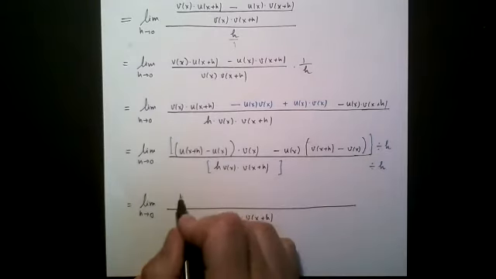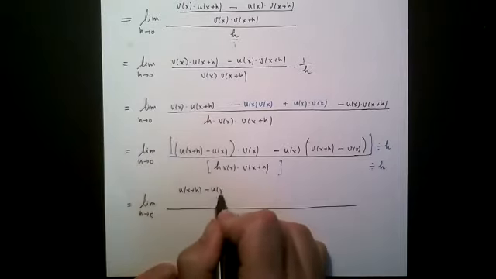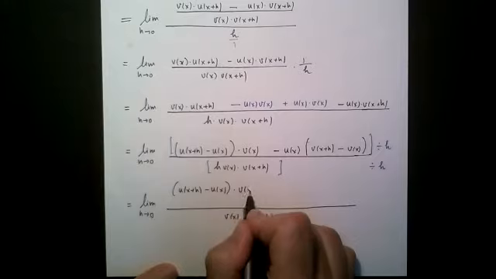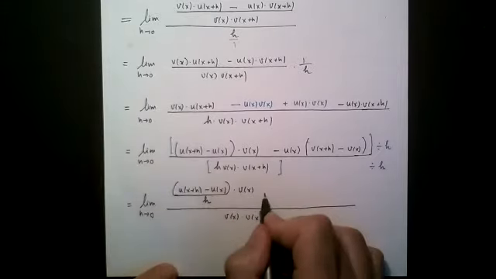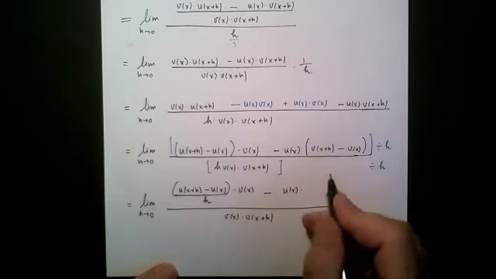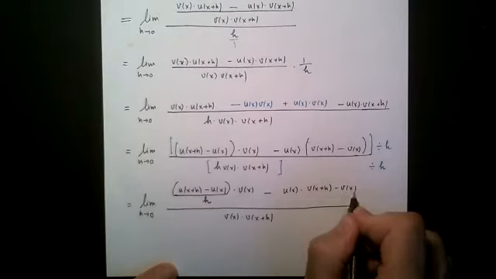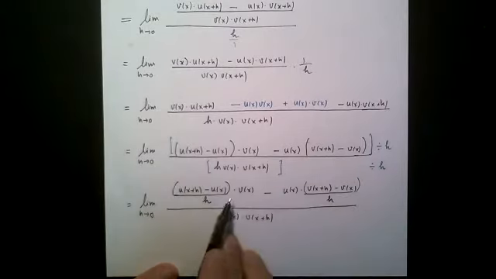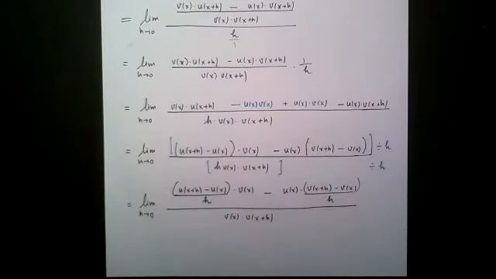So I get u of x plus h minus u of x times v of x, all divided by h, minus u of x times v of x plus h minus v of x, all divided by h. I divided this term by h and this term by h. I distribute the h everywhere.